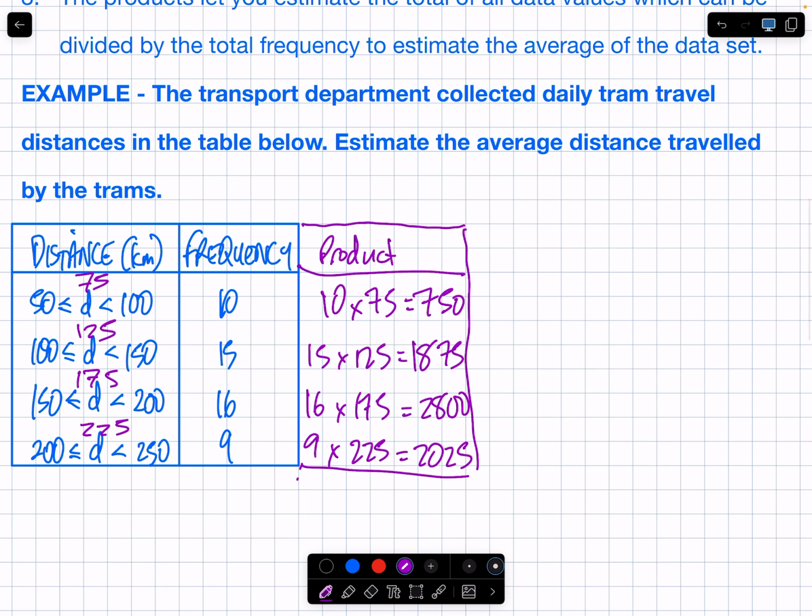So we need to have totals for both of these columns. 10 plus 15 plus 16 plus 9, that was 50 days, total frequency. And then add up those giant numbers: 750, 1875, 2800, 2025.